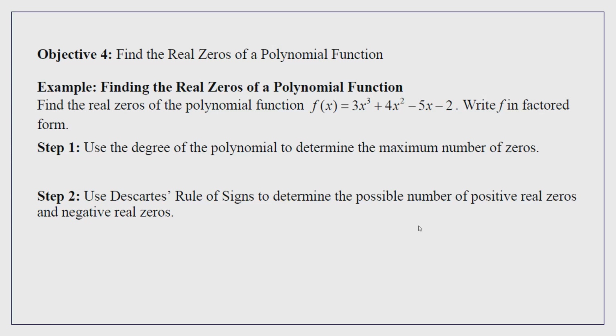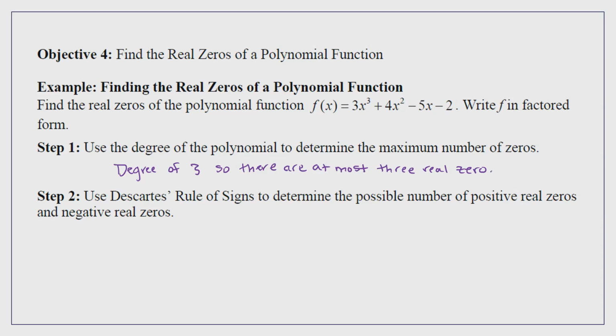Well, the degree of our polynomial f of x is 3. So there are at most 3 real zeros.